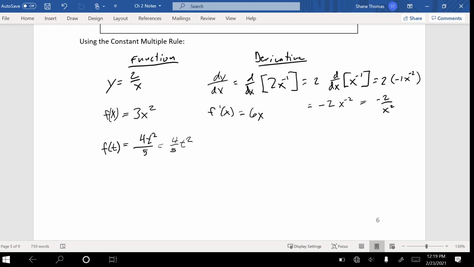Okay, so then f prime of t would be 4/5 times the derivative of t squared, which would be 2t, and then 2 times 4/5 would be, what, 8/5? 8/5 t. Y'all still with me?